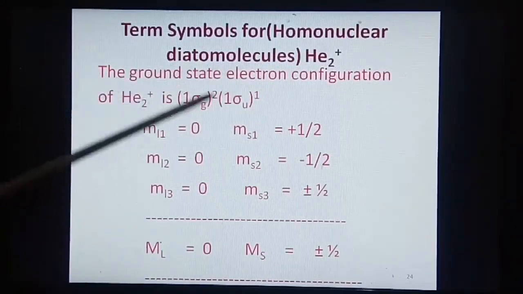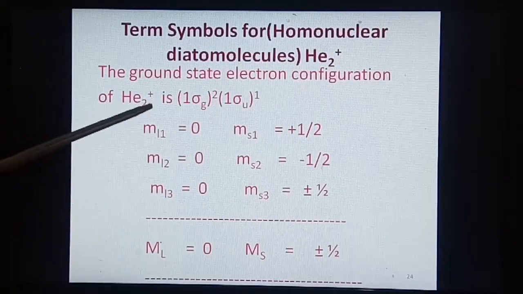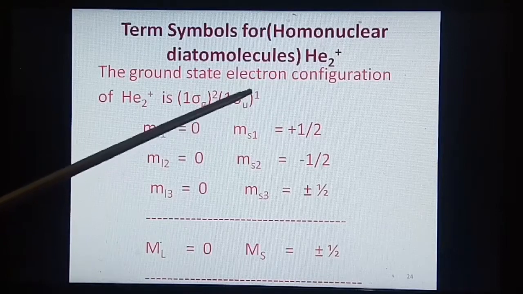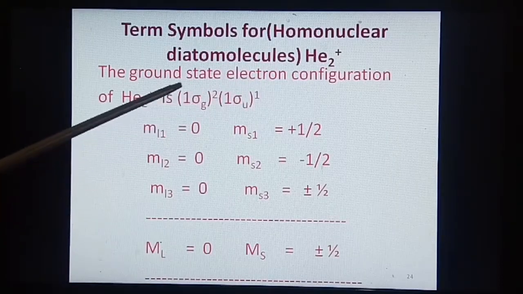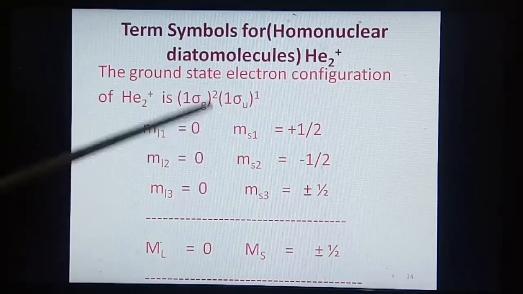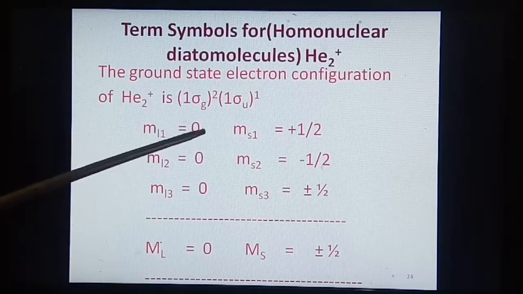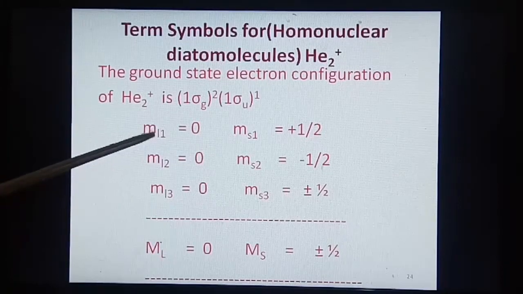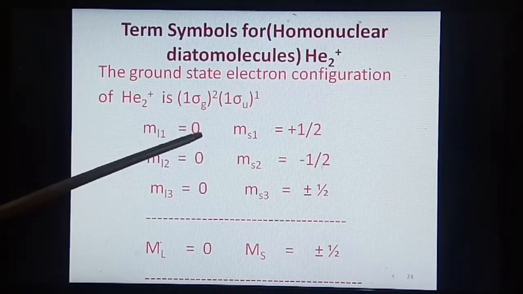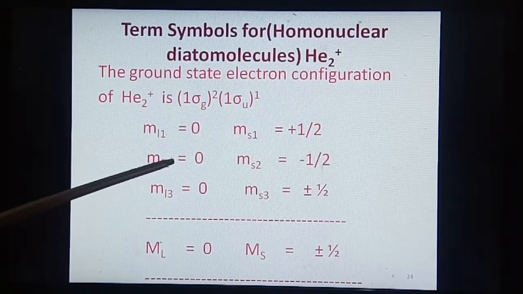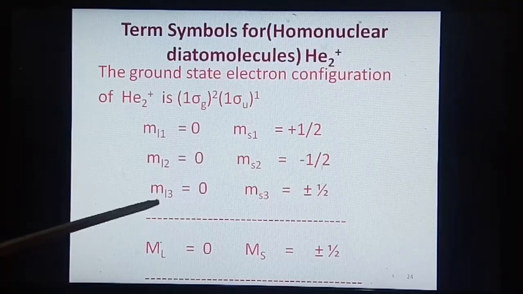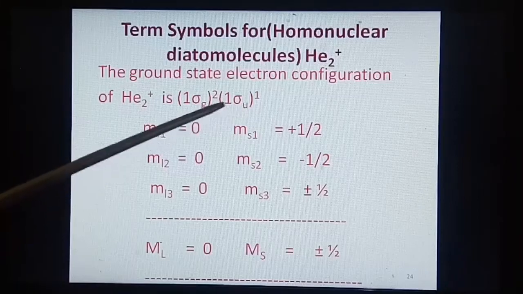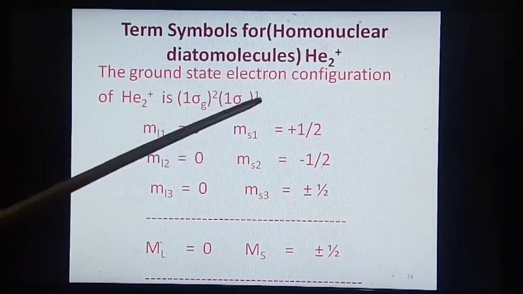The ground state electronic configuration of He2+ is 1σg² 1σu¹. Here there are only 3 electrons, so first we will get the capital ML value by adding the small ml values. Small ml1 is equal to 0, small ml2 is equal to 0, and small ml for the third electron is also 0 because all the electrons are in sigma orbitals.